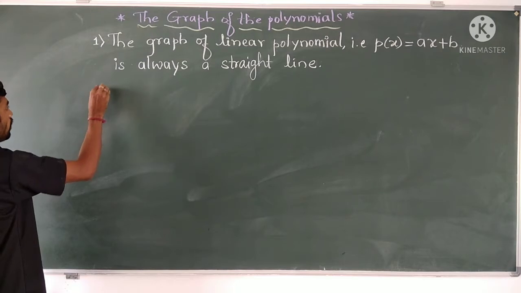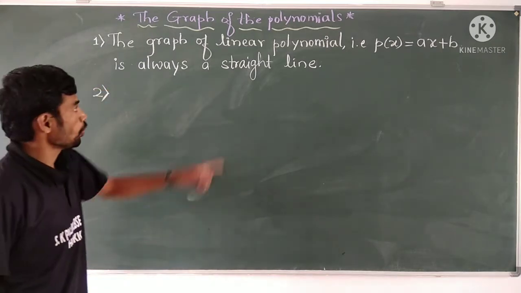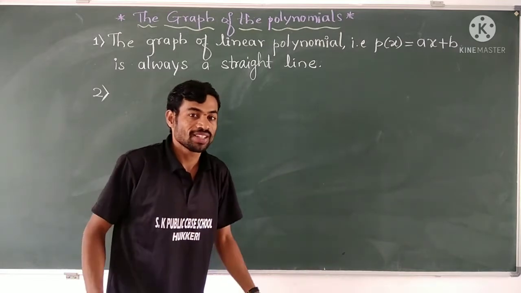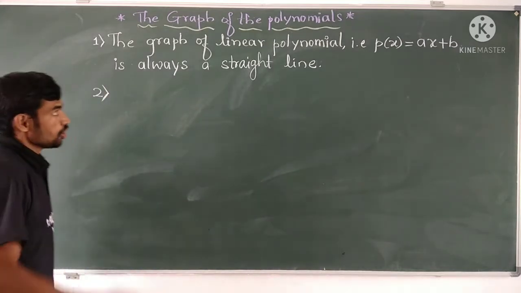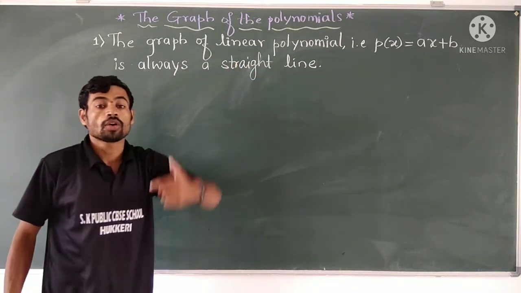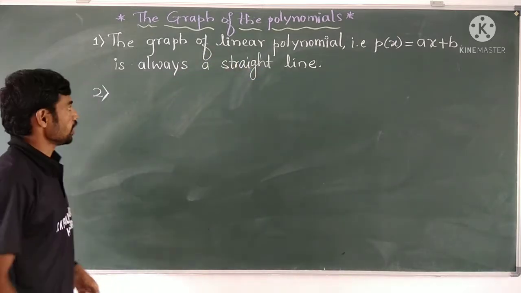And the second one, we have also studied what type of polynomial? The quadratic polynomial. In that type of polynomial, what type of graph do we obtain? Let us see.